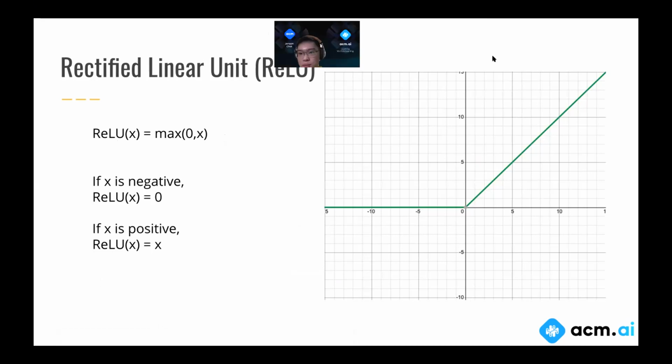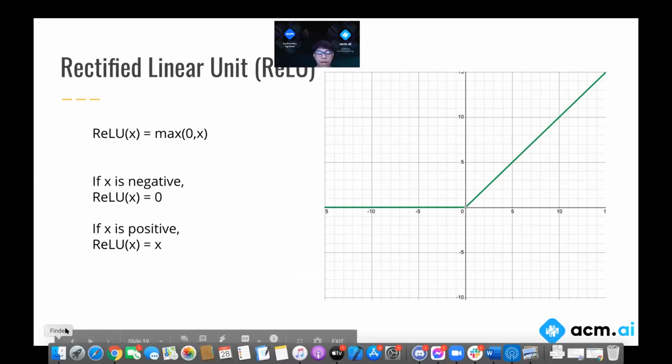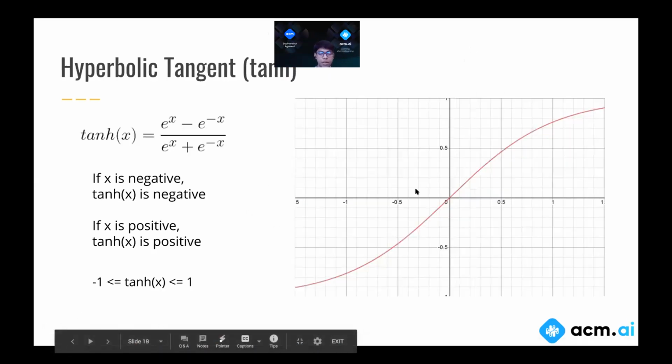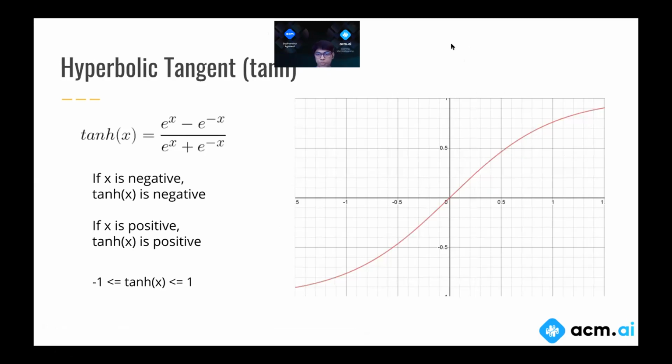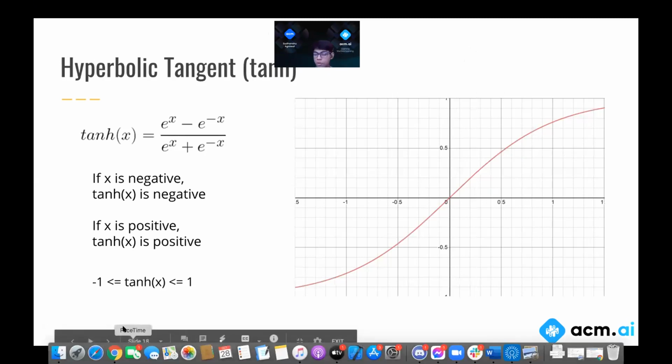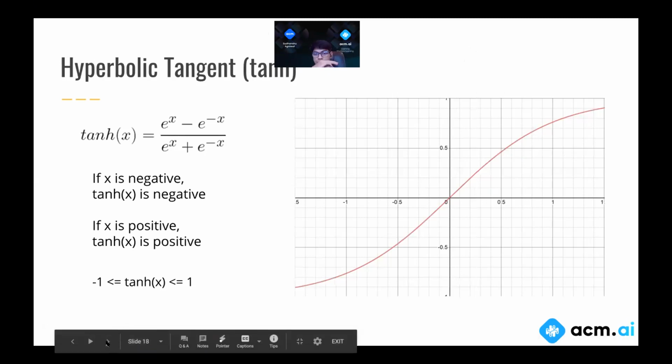Okay, I see some activity in the chat. Oh yes, Sudhanshu, if you want to clarify. Yeah, I wanted to quickly mention that the reason we often use tanh instead of sigmoid is, like you mentioned, the midpoint is at 0.